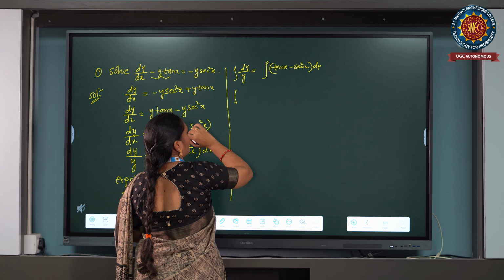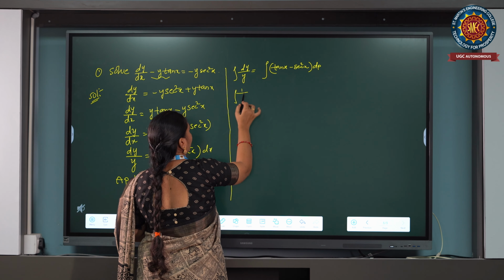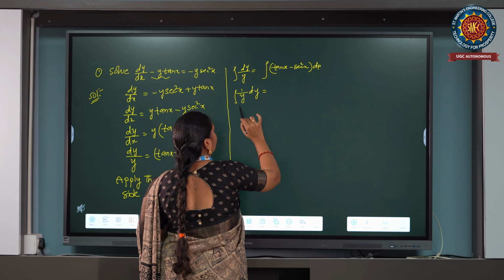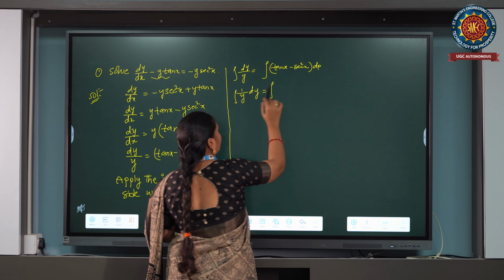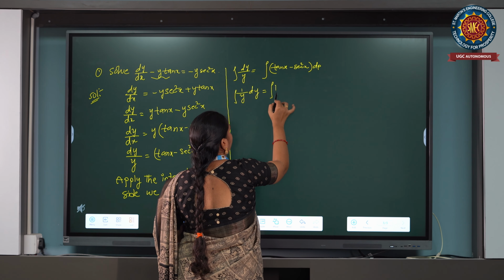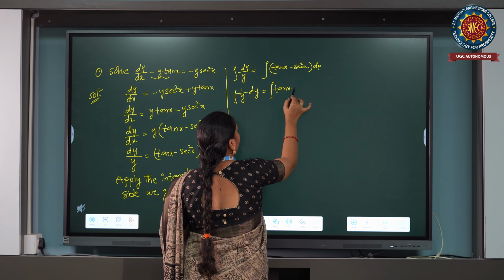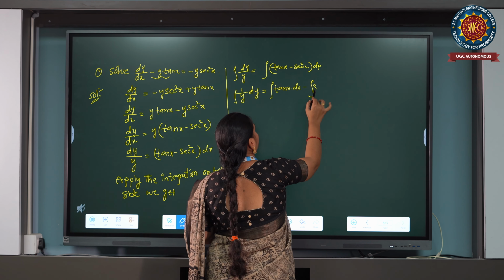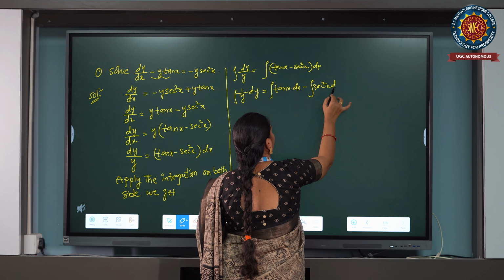See, the above equation can be written as 1 by y into dy is equal to, writing separately, integration tan x dx minus integration sec square x dx.